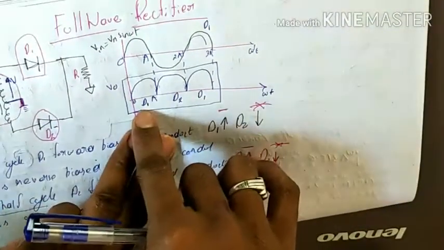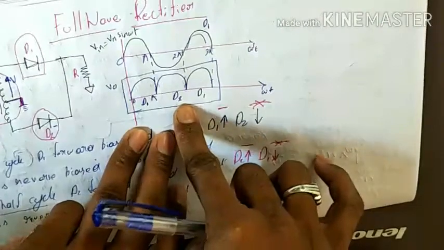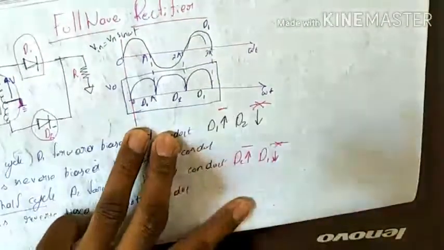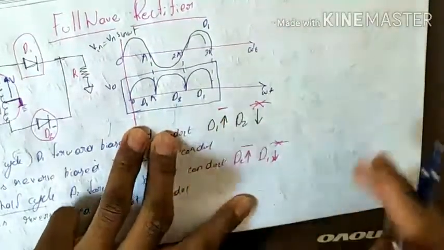If D1 is forward biased, D2 is reverse biased, and if D2 is forward biased, D1 is reverse biased. Like this, the output voltage waveform appears.